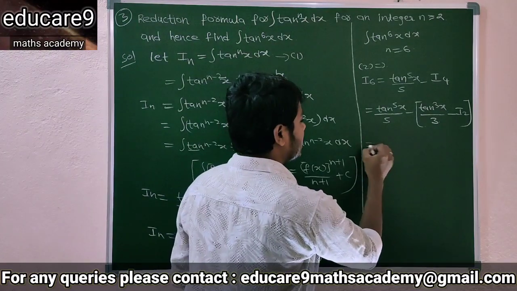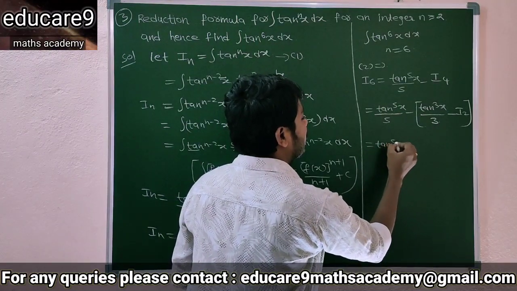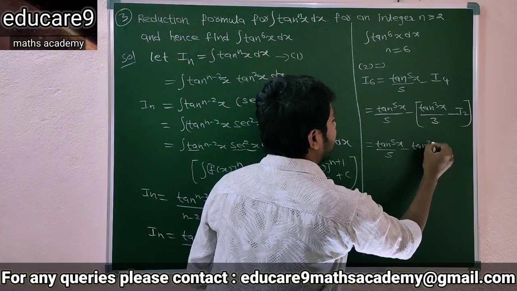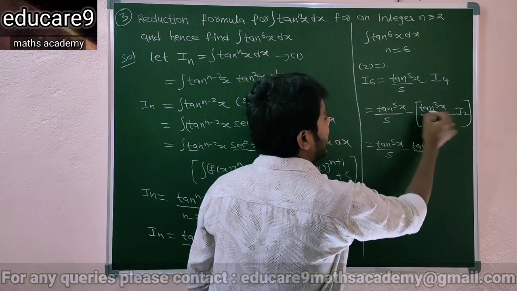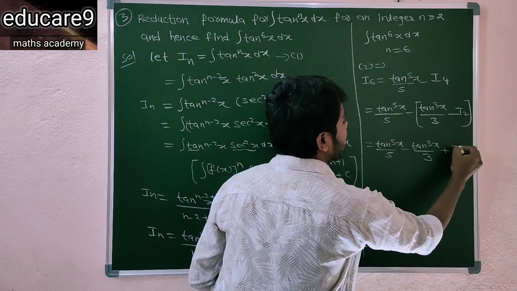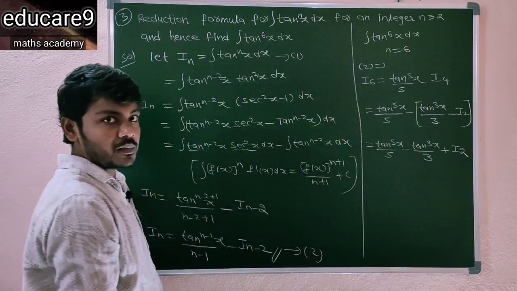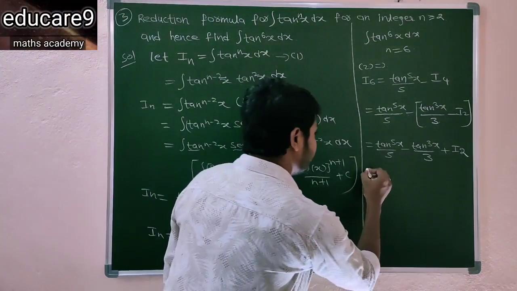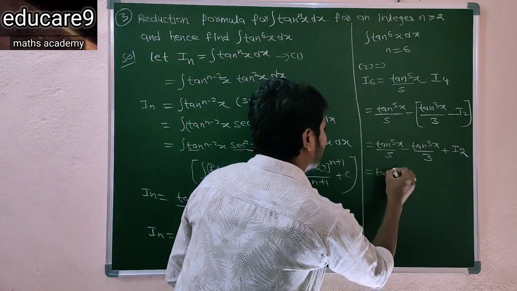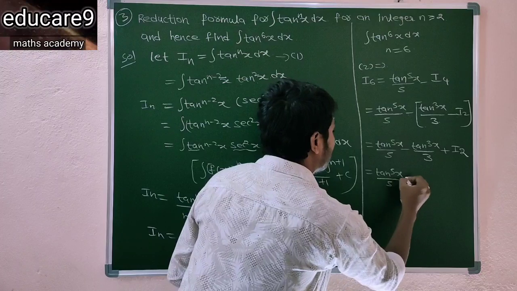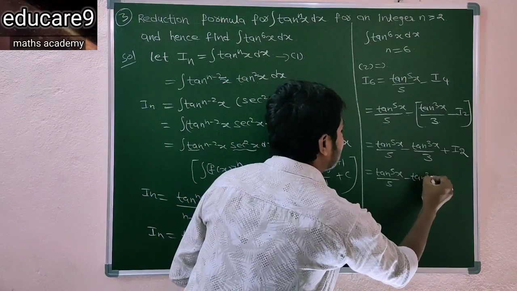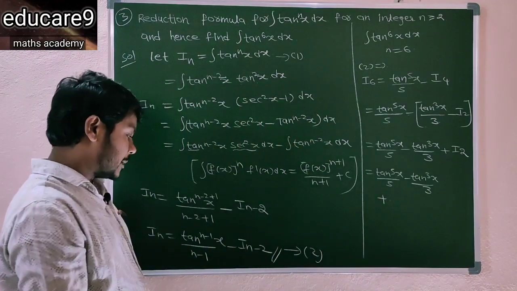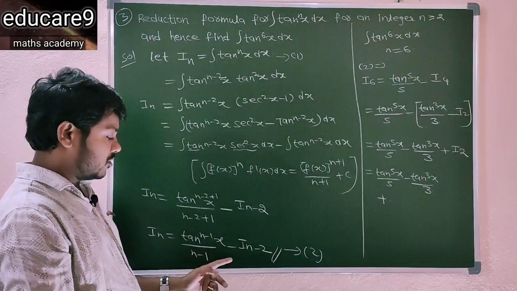Now this is tan^5 x by 5 minus tan^3 x by 3 plus I_2. Again substitute n equal to 2 in equation 2.